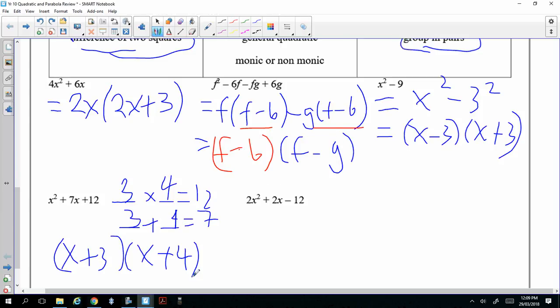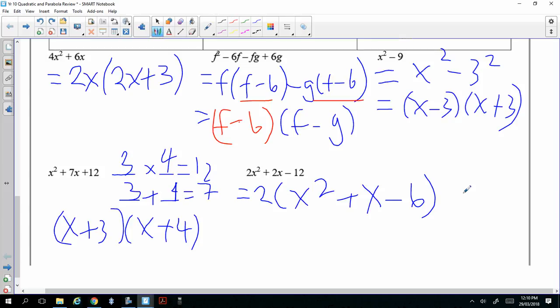Next one. Is there a common factor for the next one? There is, isn't it? Always take that common factor out. And once you do that, can you see it becomes an easier quadratic to factorize? So you find numbers which multiply to get negative 6, add to get positive 1. So what would it be?